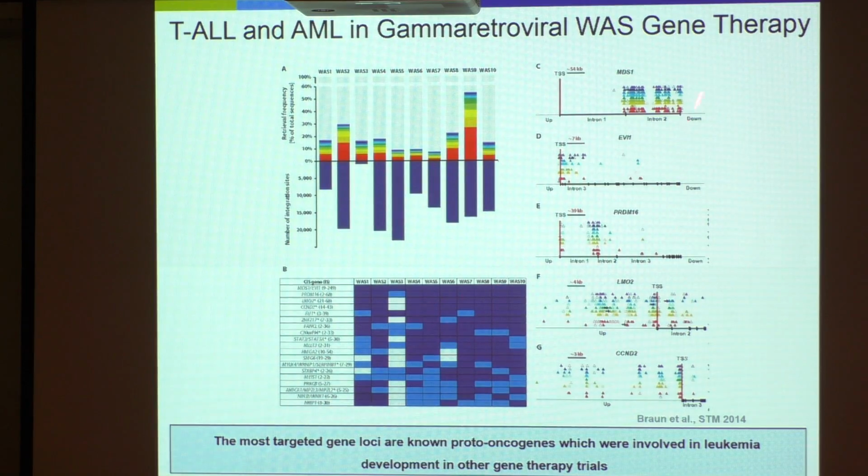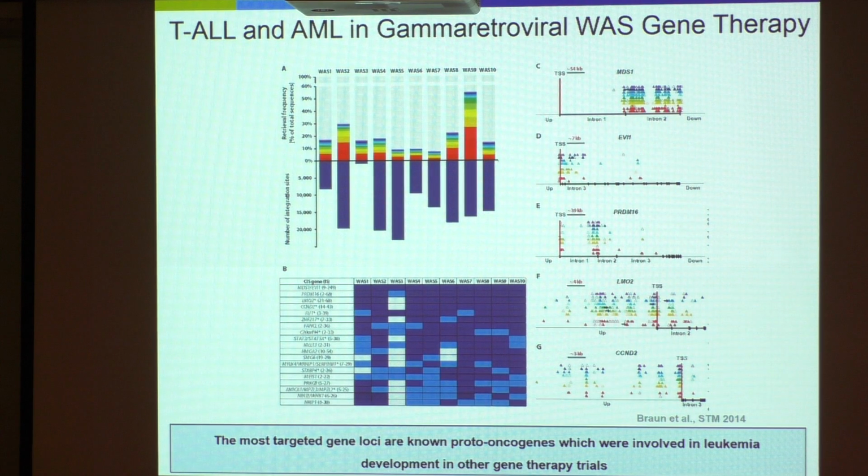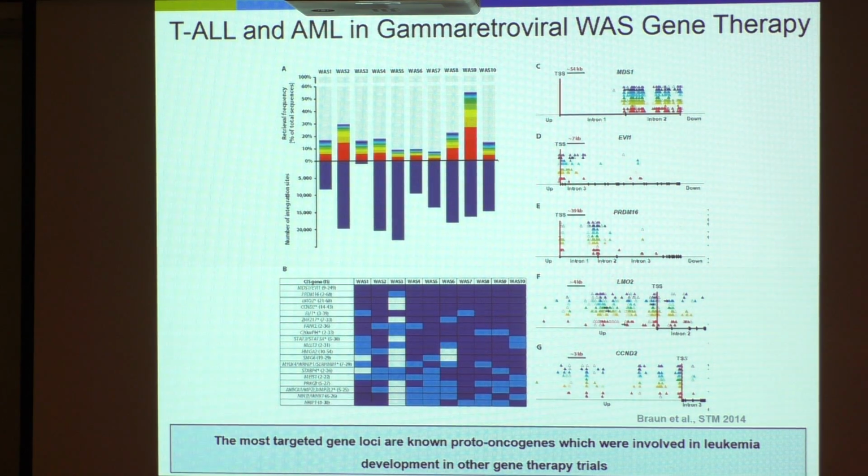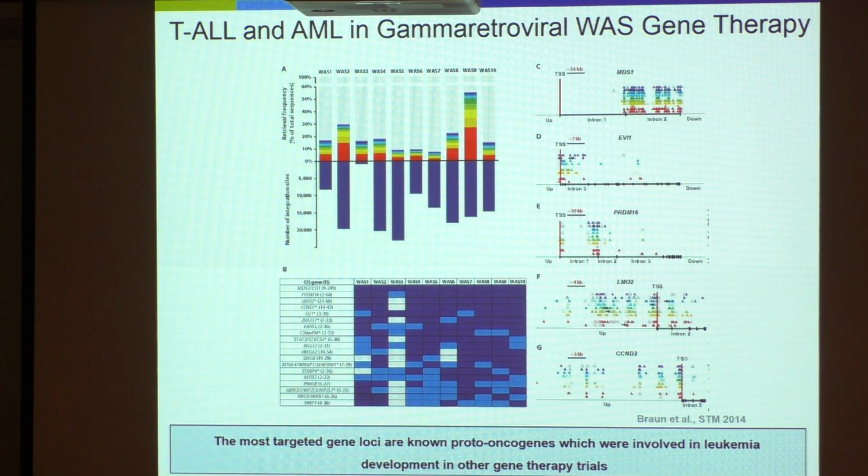In these early studies, gammaretroviral vectors were used, which were also used in a Wiskott-Aldrich syndrome gene therapy study in Hannover, where the outcome was also very dramatic after 1.5 and 5 years for individual patients. 7 out of 9 patients acquired a tumor, 6 ALL, and 3 patients acute myeloid leukemia. 2 of these AMLs were secondary, occurring after the onset of the ALL and after treatment.